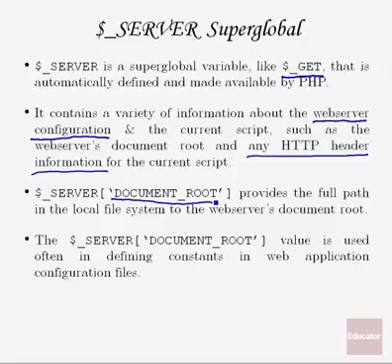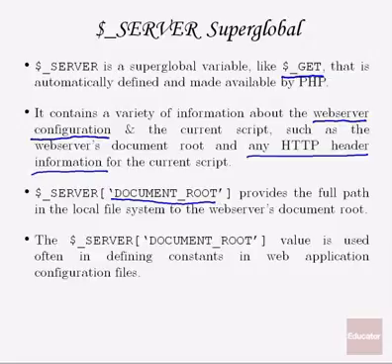That provides the full path in the local file system to the web server's document root. This is useful because in configuration files we can use that value to define where include directories are. We can create an include directory constant that makes use of this, and that way, when we include a file, it'll know which directory to look in.